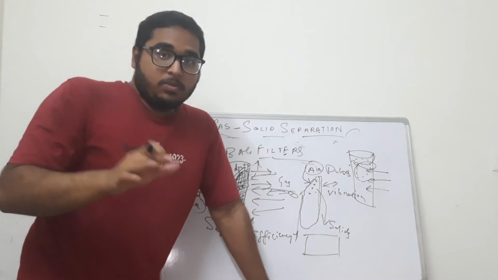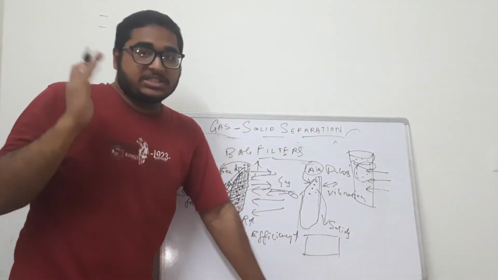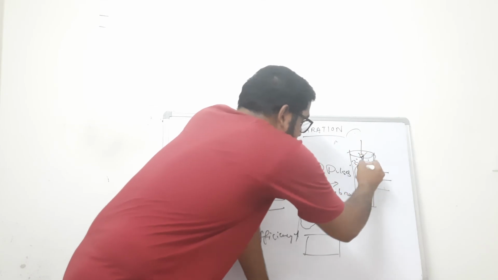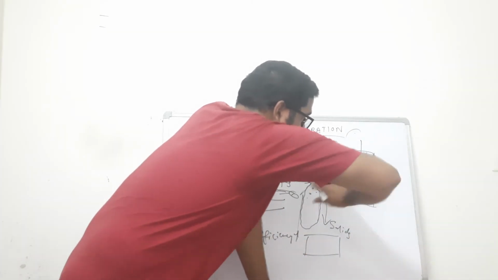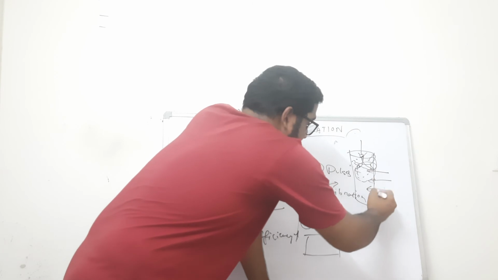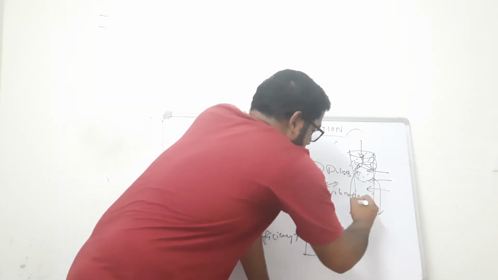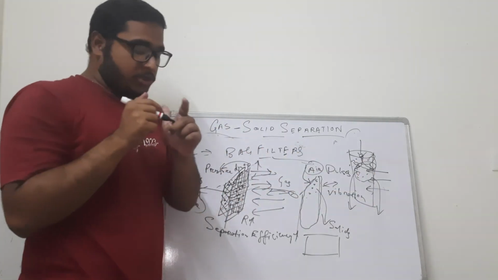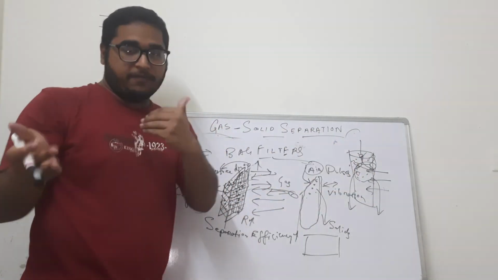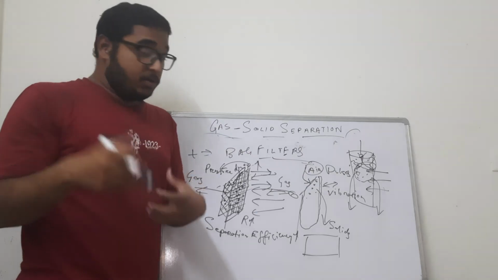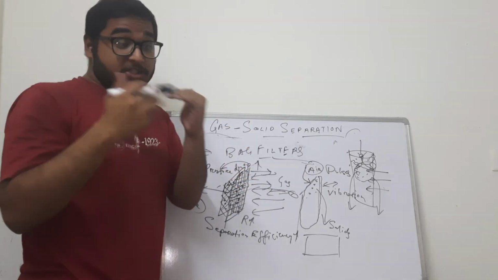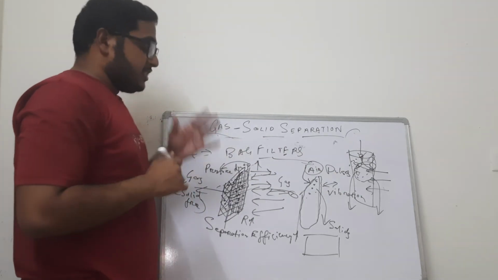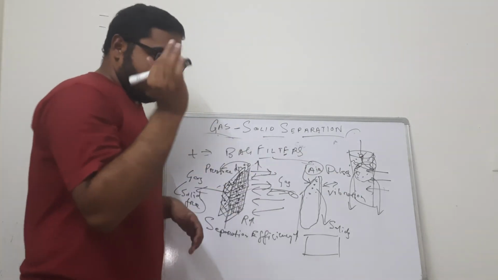And when the complete filter cloth is laden with solids, we pass air in the reverse direction, such that it gives pressure on the laden solids, and they fall off from the surface and get collected at the bottom, and the surface gets regenerated for the further incoming gas. And this is done when the resistance is maximum and it is not allowing gas to pass subsequently. So you see, this is the principle of bag filters by which solids are separated from gas.